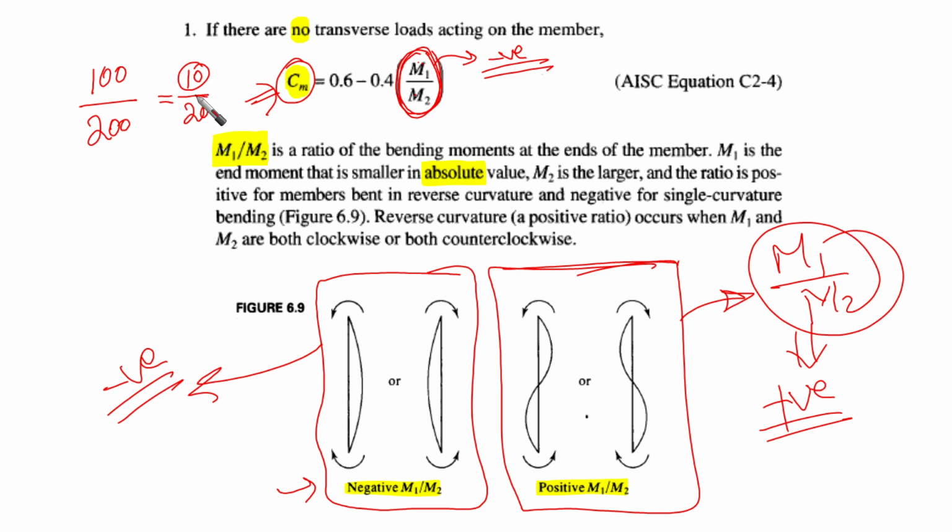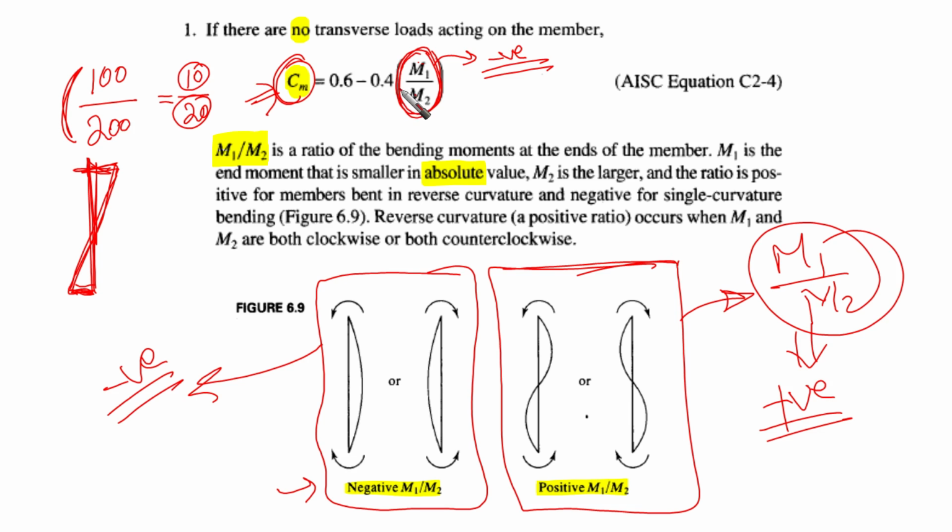The absolute value has no effect on Cm; the ratio between the end moments of the element is what really makes the effect.